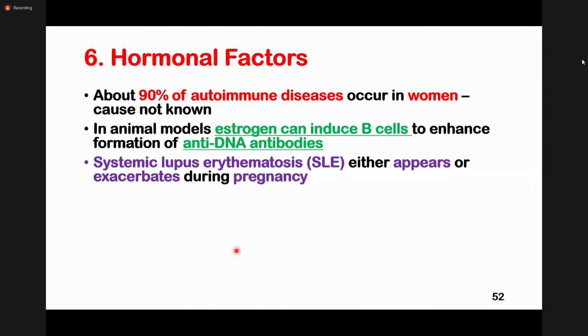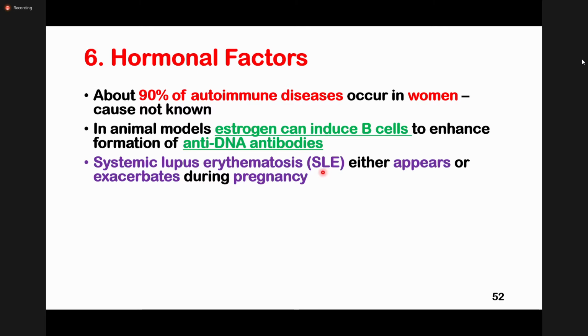And those are the factors. There are also hormones that are known factors causing autoimmune diseases, mostly predominant in the female gender, like I mentioned earlier. In animal model studies, estrogen can induce B cells to enhance anti-DNA antibodies. So SLE either appears or exacerbates during pregnancy.